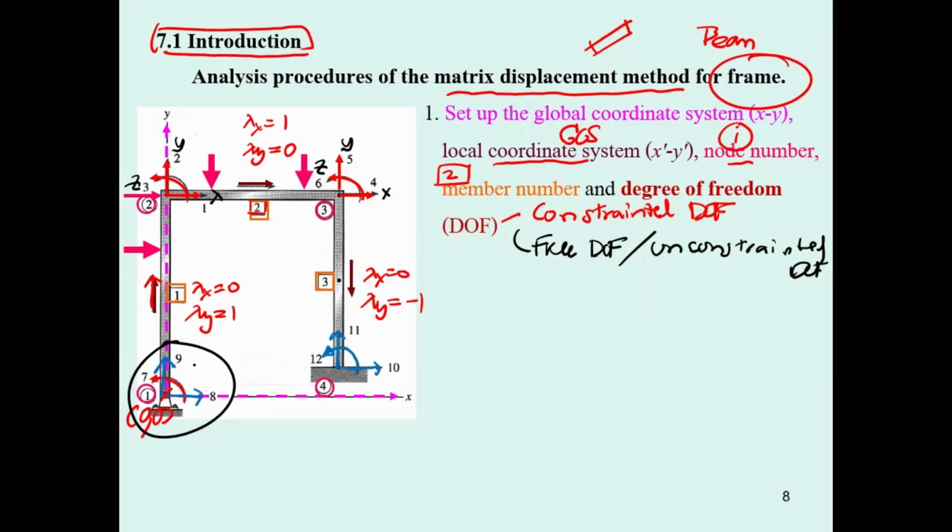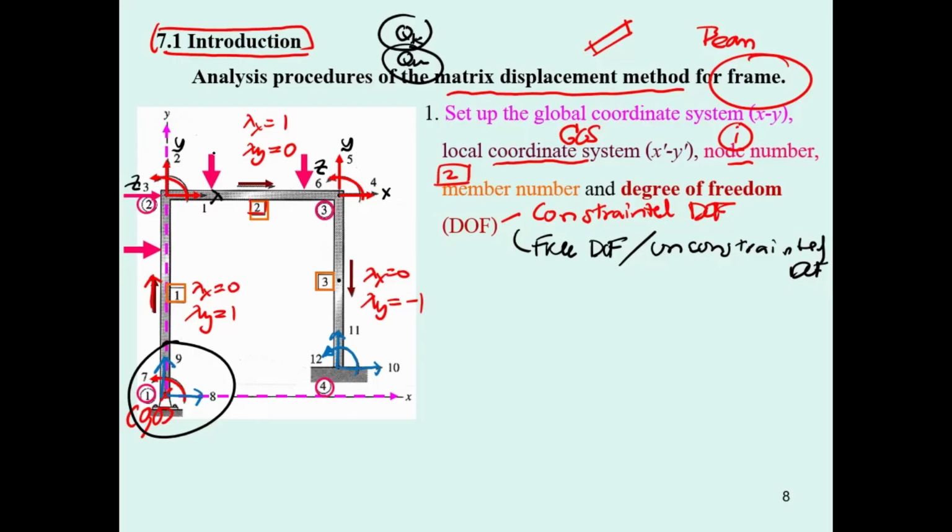Now, after you separate the degrees of freedom, you come to determine Q sub K and Q sub U. Q sub U is going to be the reaction, the unknown forces and moments. However, Q sub K for the frame is different from the truss. For the truss, the loading is applied at the node, so you can read Q sub K immediately from the problem.